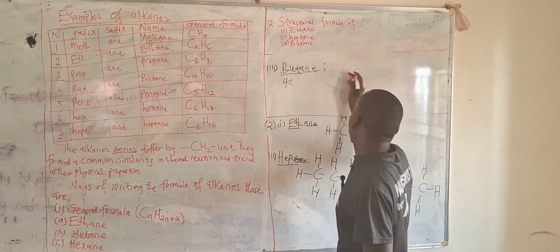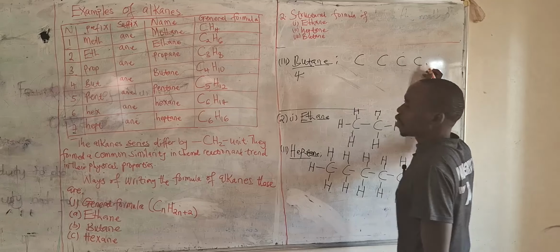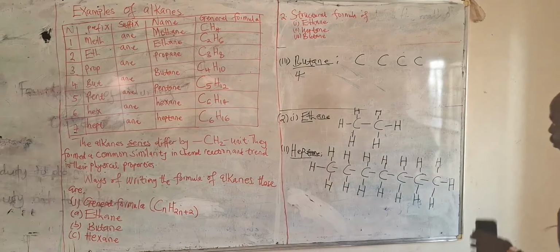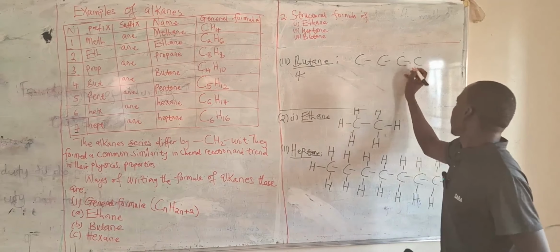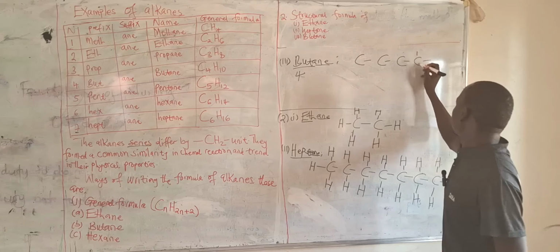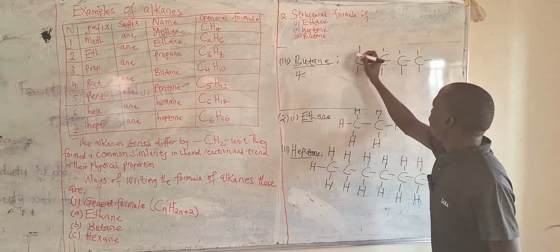So what comes to my mind is that I'll say 1, 2, 3, 4. I have a single bond here, here. Then I'll be in position to put the number of hydrogen atoms.